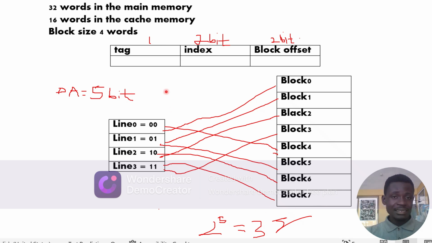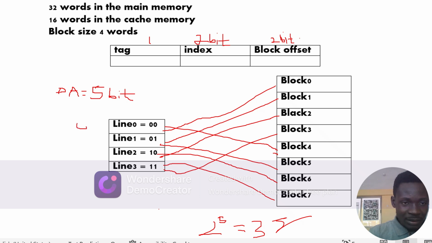Okay, let me do something here for your understanding. So this line contains what?